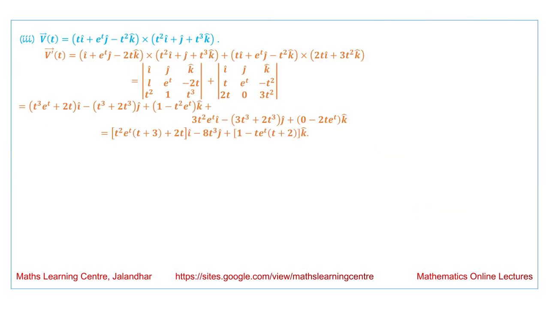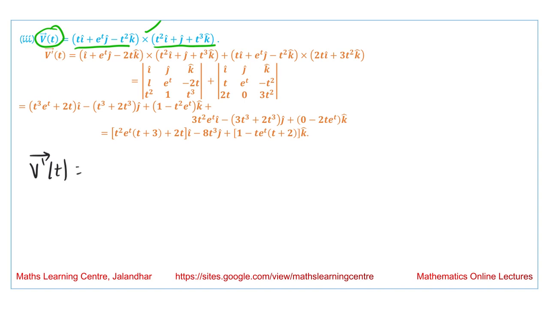Third is the cross product of these two, and this is a vector function because it is a cross product. So first we calculate the cross product, or you can directly differentiate these functions to get V dash t.